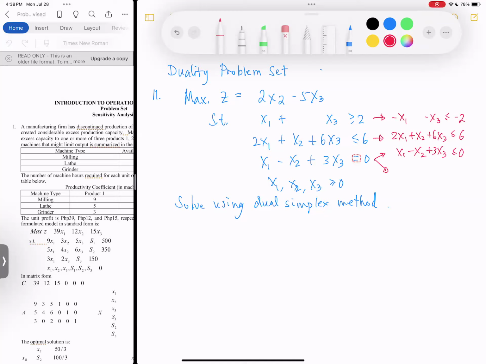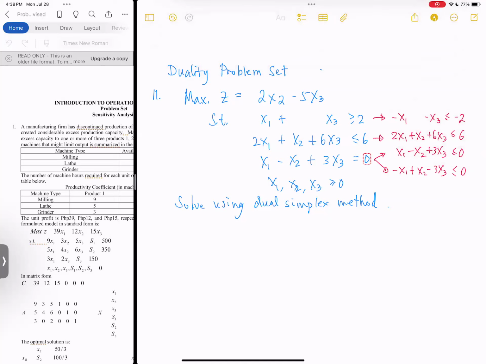So multiply that equation by -1, you have negative x1 plus x2 minus 3x3. Correct? That is less than or equal to 0 already. Okay. So now you have all your constraints less than or equal to, and you have a maximization objective.